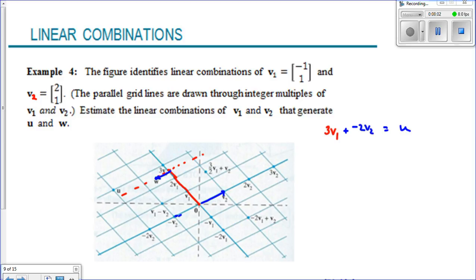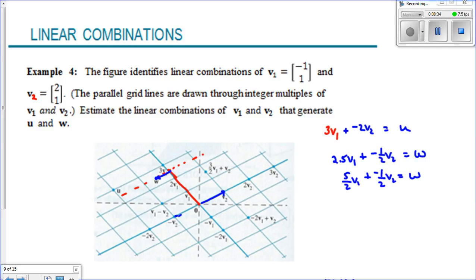So I need to go about half to the left. So that would be, let's see, 2.5 v1s in the same direction, and then minus or plus a negative 1/2 v2, and that would give us our vector w. So you could write it as 5/2 v1 minus 1/2 v2, or you can say plus a negative. Subtraction is just adding the negative of the vector.